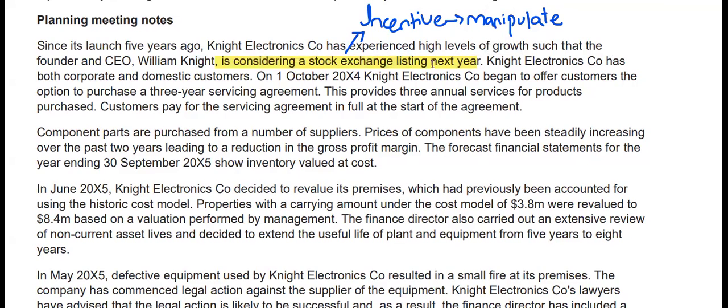Okay, so if they have an incentive to manipulate the financial statements by overstatement of assets, income, and by understating liabilities and expenses, then what should be the auditor's response, guys? What should be the auditor's response? Yes, you're right. Then there should be a very suitably experienced audit team so that they can identify where the manipulation is going on.